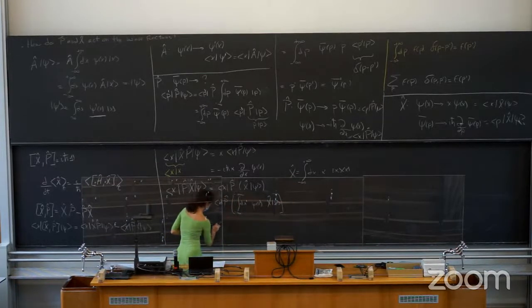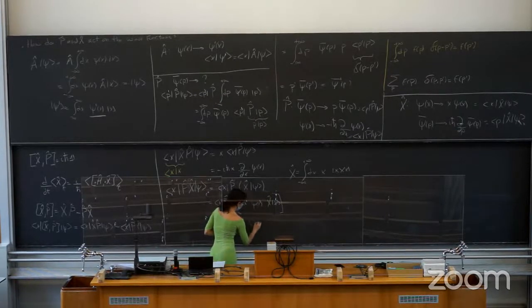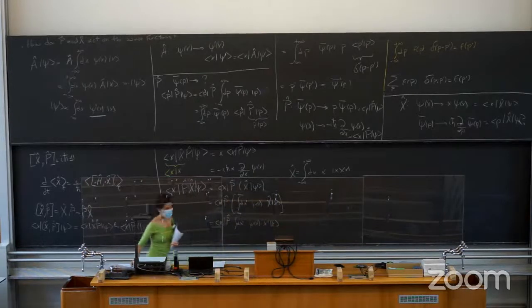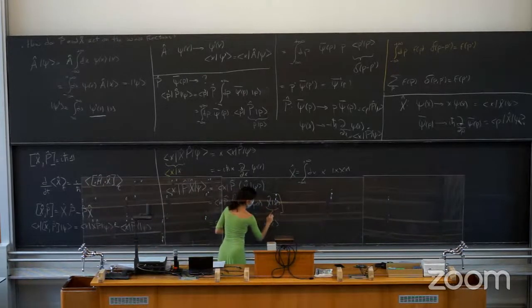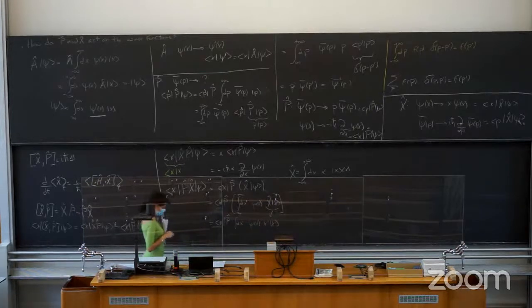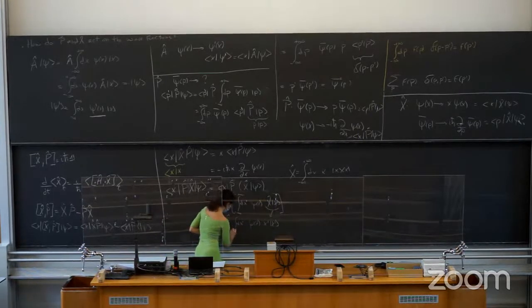So we get X, and now here, this integral, because little x is an eigenstate of big X, we get this. Okay. But now this thing, and it's a bit clumsy the way I do it, but this thing is a new state psi prime.